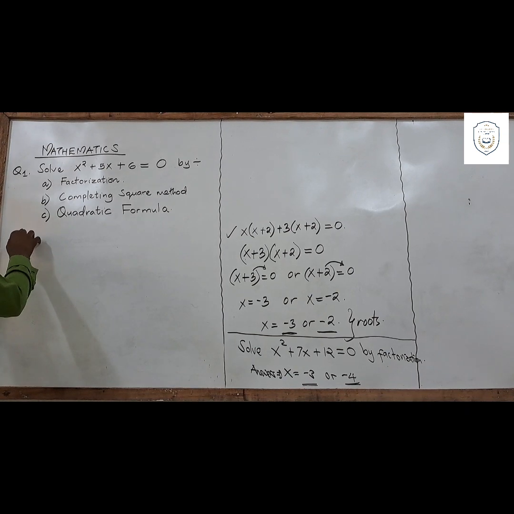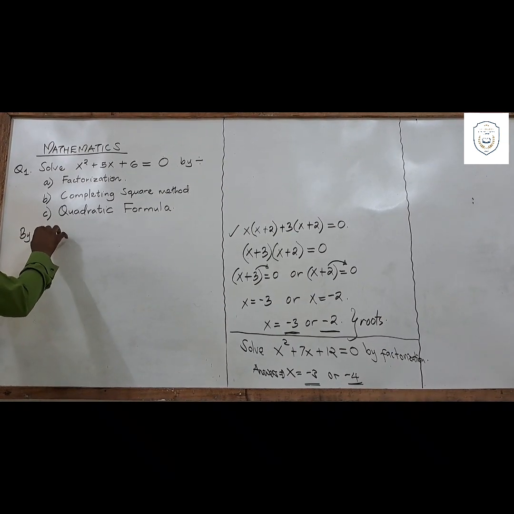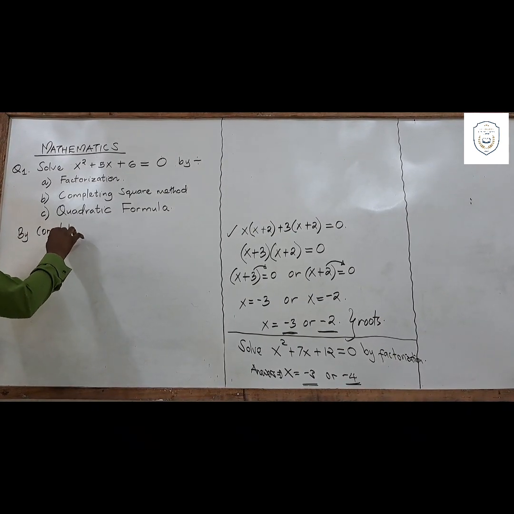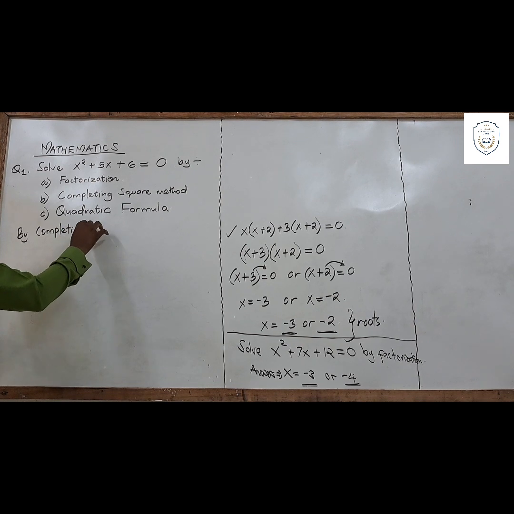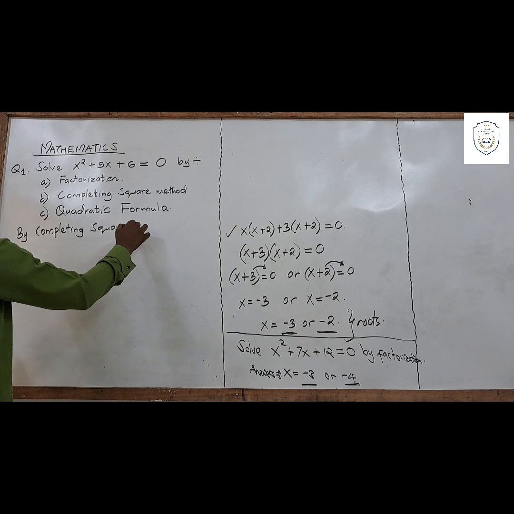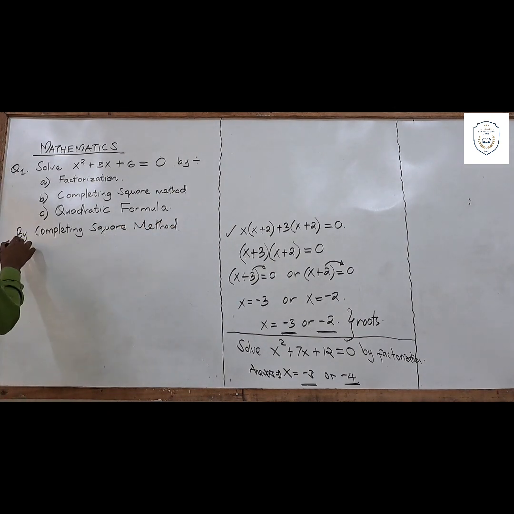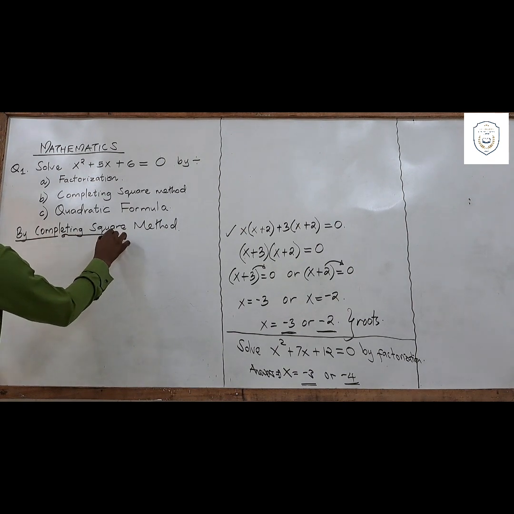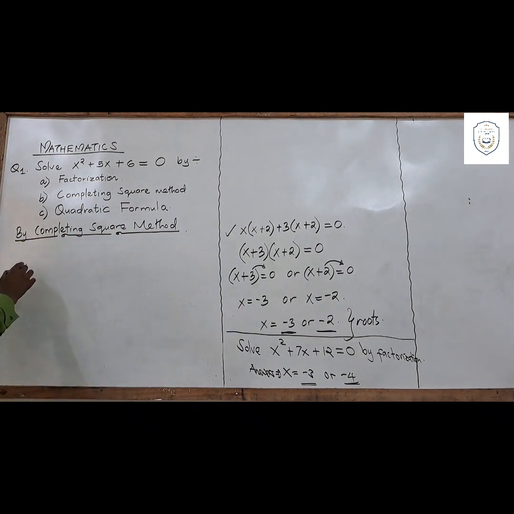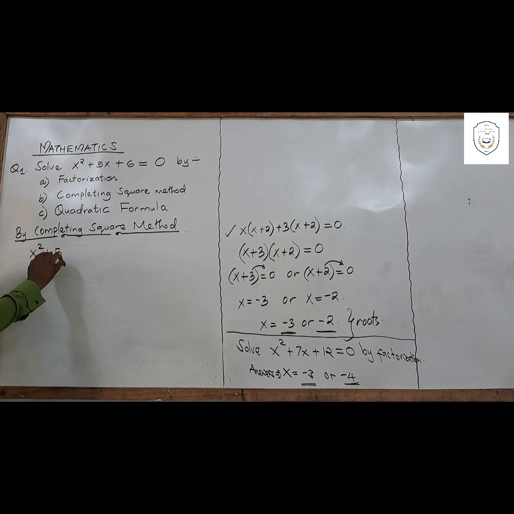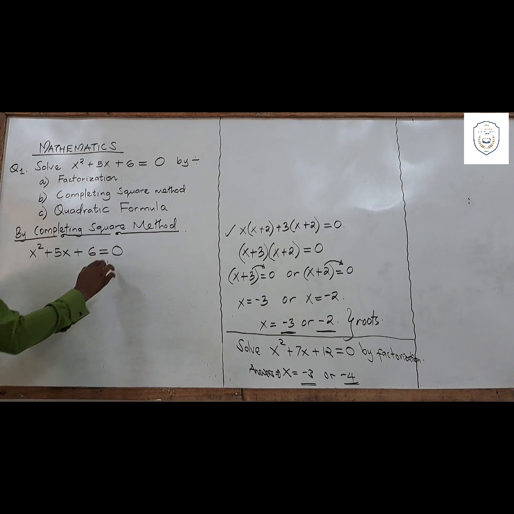So we're saying by completing square method. This is now method number 2. For us here in method number 2, we'll again rewrite the equation x squared plus 5x plus 6 is equivalent to 0.